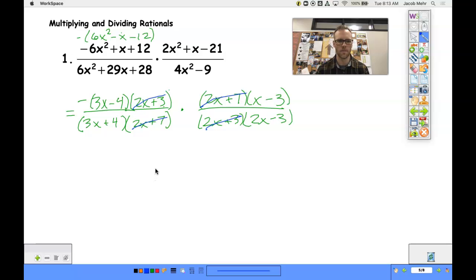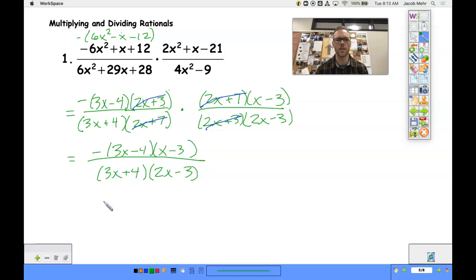Anything else that cancels out? I think that's it. So what are we left with here? In the numerator, negative 3x minus 4 times x minus 3. In the denominator, 3x plus 4, 2x minus 3.